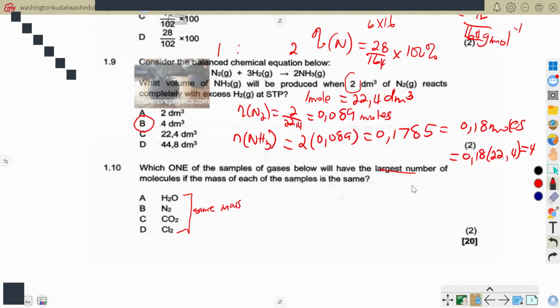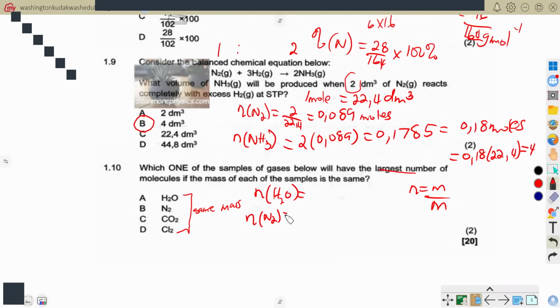We know that the number of moles is given by mass divided by its molar mass, because we are given these in terms of their mass, and they say that the mass is the same. So we would use the symbol small m to represent mass. So we need to calculate the number of moles for water, and then calculate the number of moles for what?